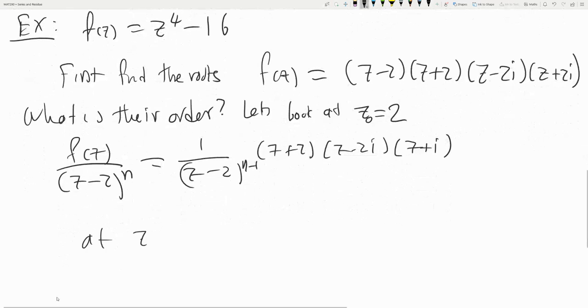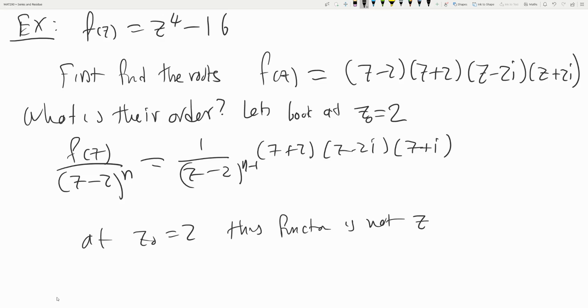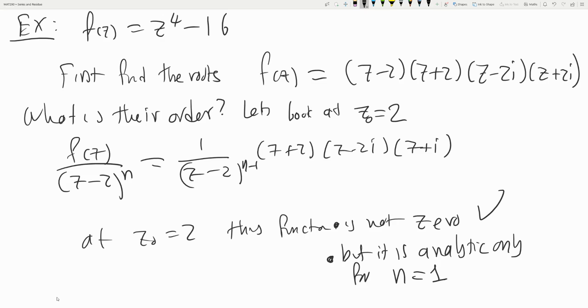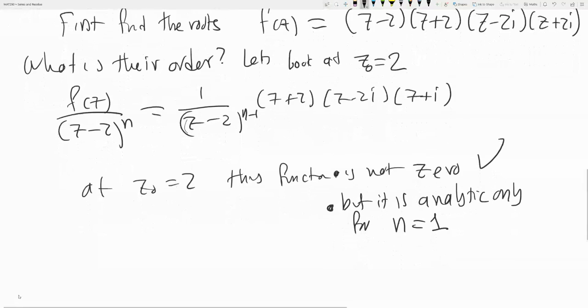At z naught equal to 2, this function is not 0, so that's fine. That's condition 1. But it's only analytic for n equal to 1. Otherwise, you get a pole here. So the order is n equal to 1.